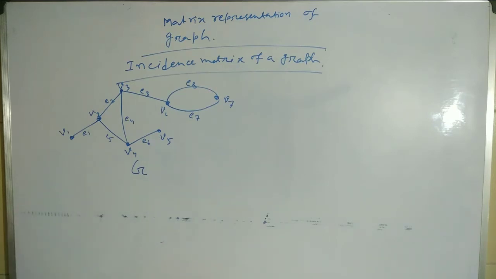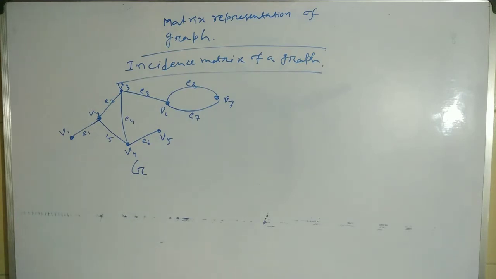Now what is the procedure of writing an incidence matrix of a graph? The first thing I have to tell you is that the number of rows in an incidence matrix is equal to the number of vertices. Listen carefully, this is the most important thing I will tell you.